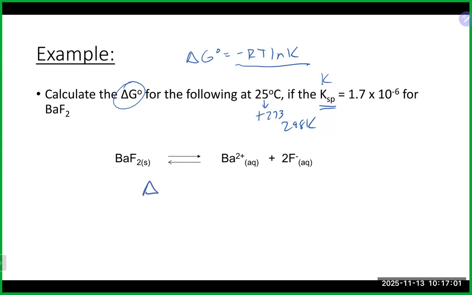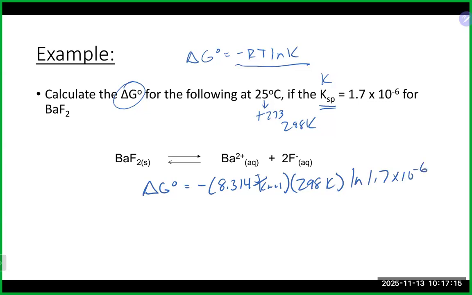So we'll go delta G naught is equal to minus 8.314 joules per Kelvin per mole, which is our R value, our temperature being 298, natural log of our KSP here, 1.7 times 10 to the minus 6. I'll do it this way, I guess.